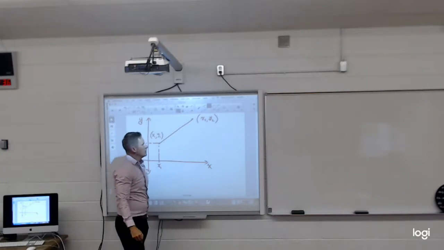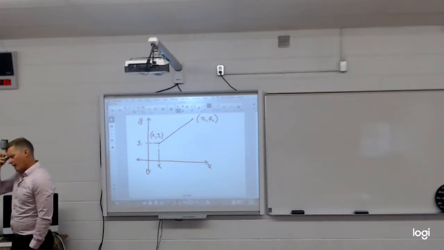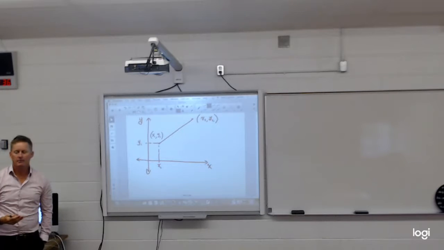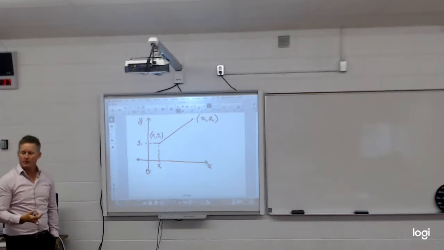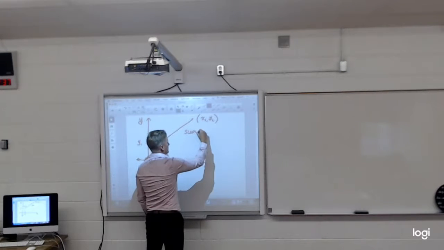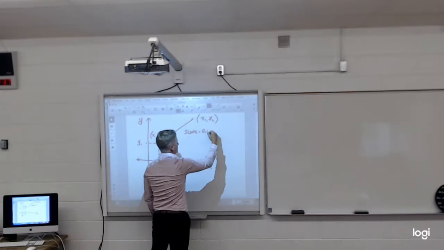So if I asked you to find the slope of this line, you remember what slope is? Rise over run.